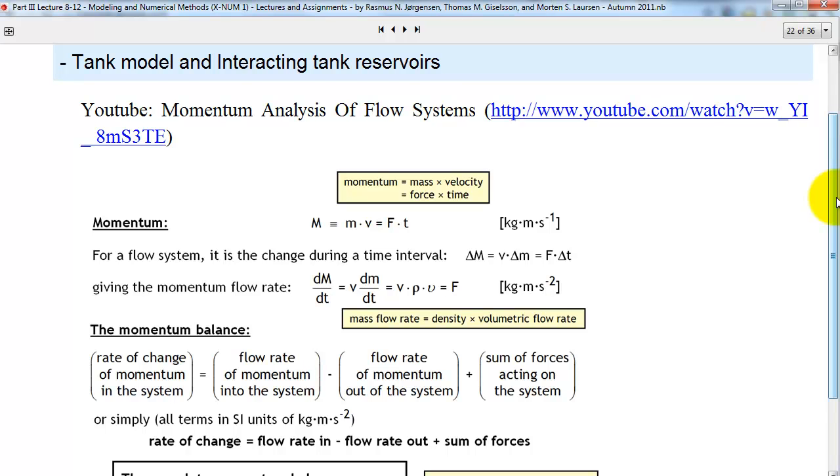If you want to look at it a little on, should we say, flow or liquids, there's another rule or addition to it. Then it's not only the mass and the velocity, it's the density and the volumetric flow rate. So it's how much liquid is passing through that we have to take into consideration.